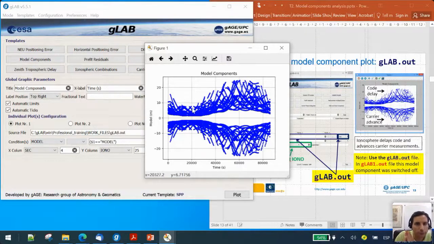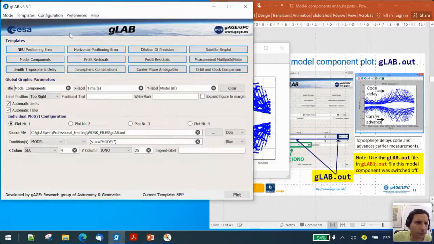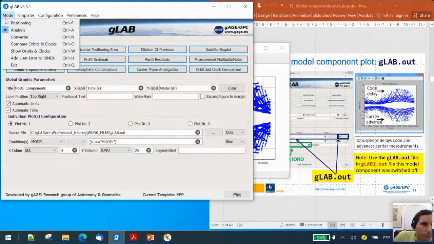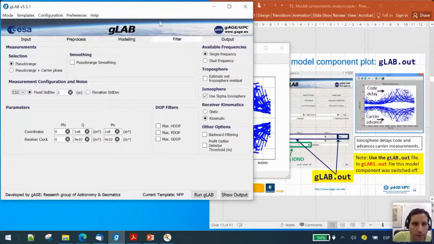Let's focus on the positive part. We are doing the standard point positioning. So in the standard point positioning, if we go to the positioning in the filter tab, you will see that the measurement that we are using is C1C. It is the coarse acquisition code.